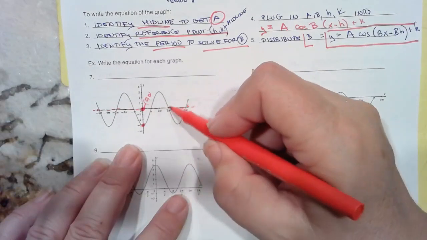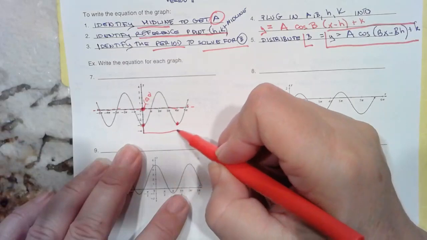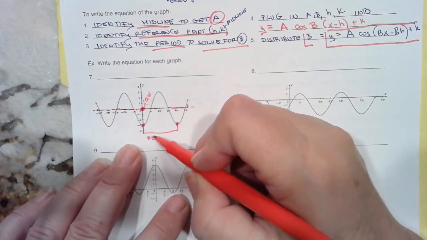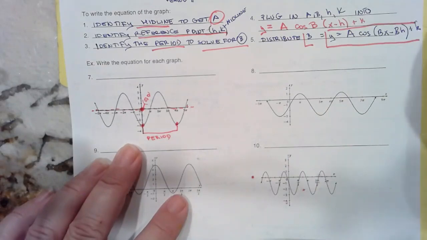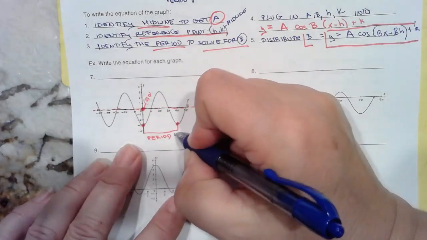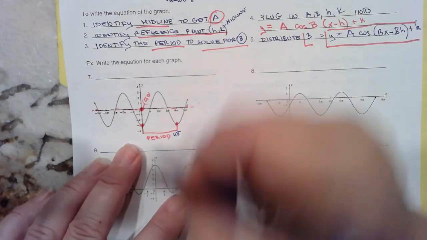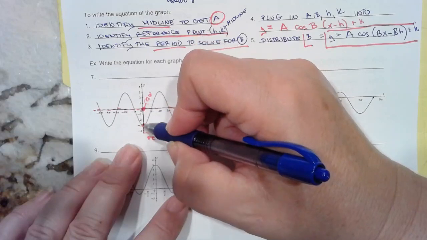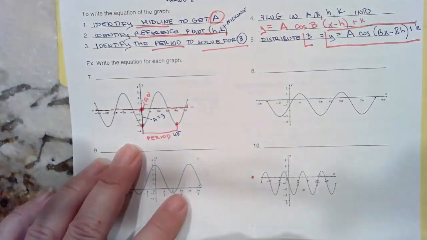So go up and then down. This is your end point. This is your period. If you count how much you go, the period is 4 pi, and your amplitude is from 0 to 3, so A equals 3.